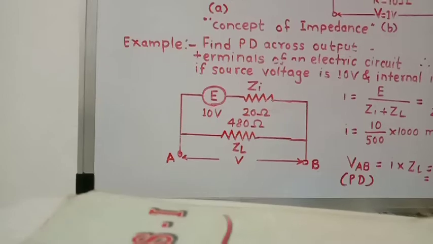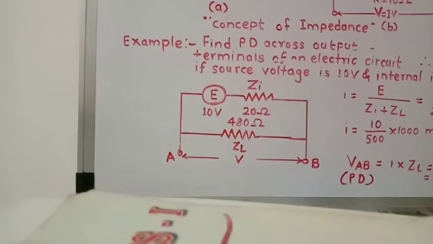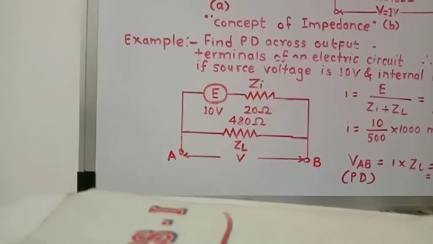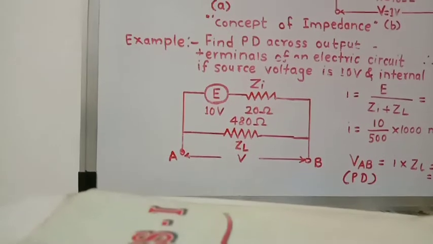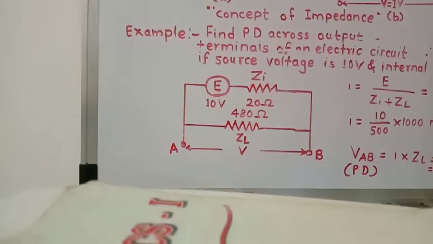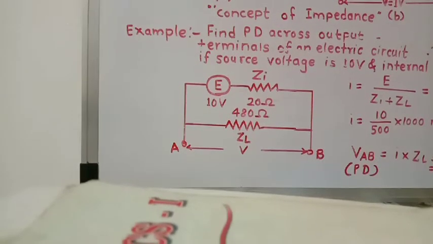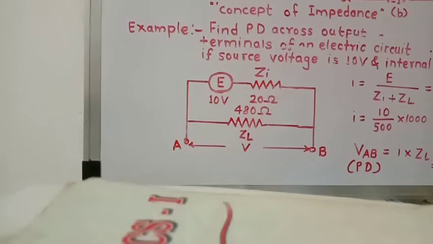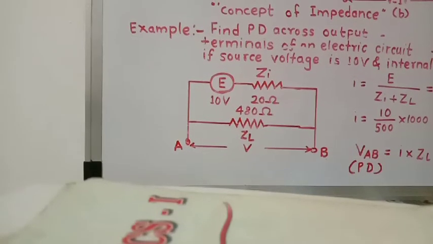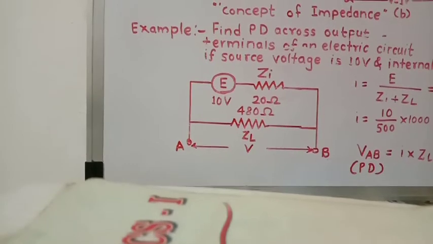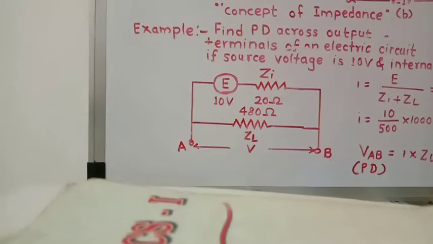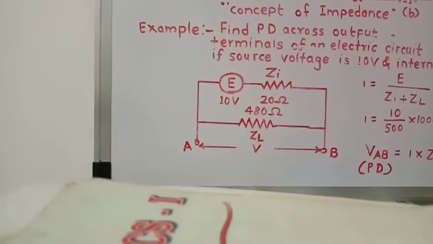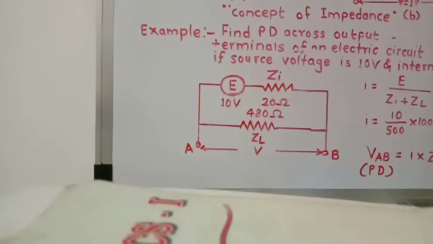Okay, so consider a DC source of 1.5 volt cell, and if it is open circuited or if it is not connected to the output resistance or to the load resistance, that is if the positive and negative terminals of this cell are open, then we get the terminal voltage 1.5 volt.